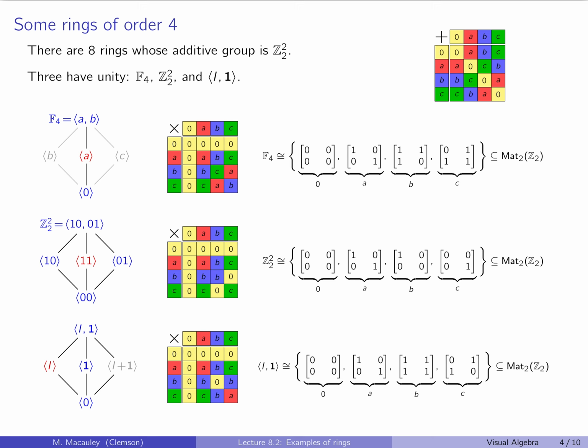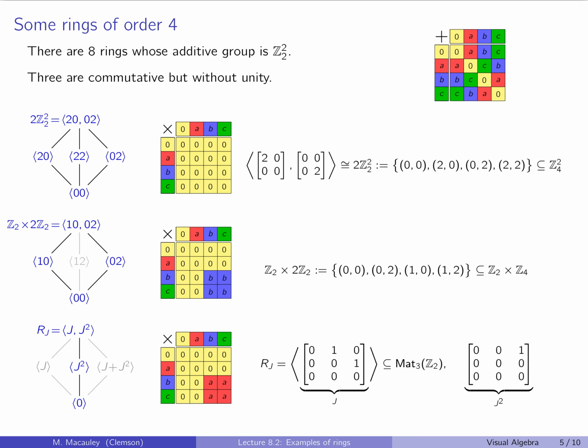And then C squared, this matrix times itself, is the identity matrix, which is A. And so the subgroup generated by C, just these 2 elements, is not closed under multiplication because C squared is A. So that's not even a subring, that's a subgroup. And then the one generated by B is an ideal because B times anything is just 0 or B. And then, as I said before, the identity matrix generates a subring.